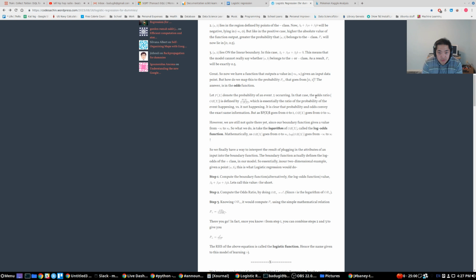P of x divided by 1 minus P of x. The probability and the odds convey the exact same information. Our boundary function gives a value from negative infinity to infinity. So what we do is take the logarithm of the odds function, which goes from 0 to infinity. If you log the odds ratio of x, it goes from negative infinity to infinity.